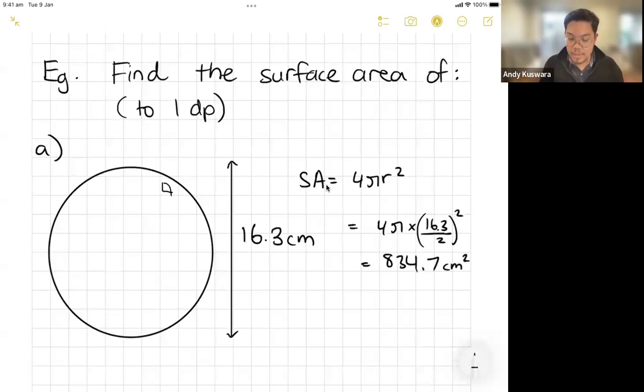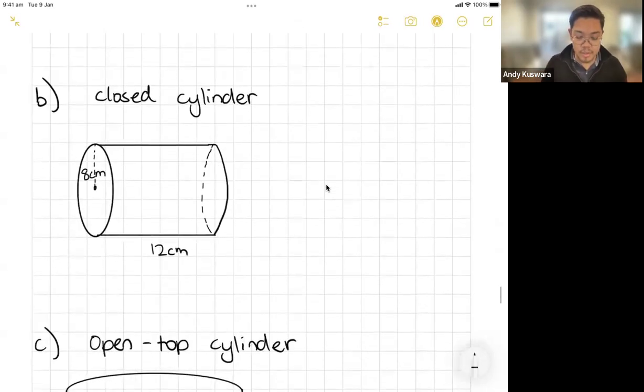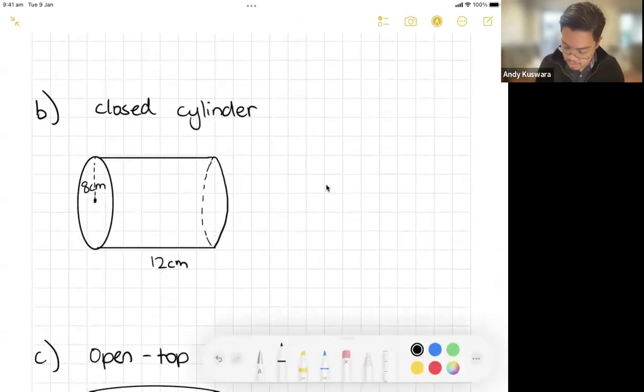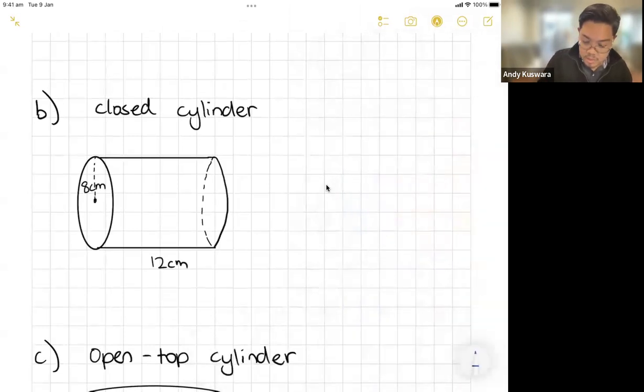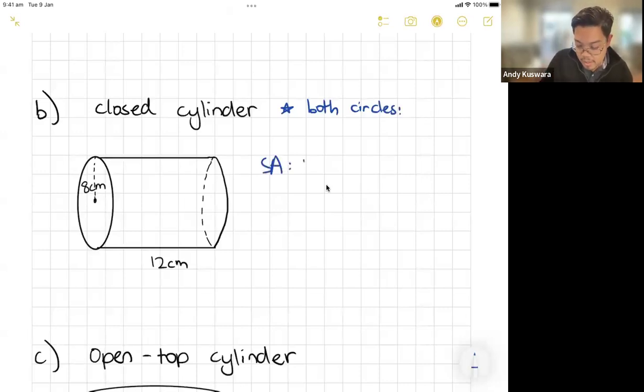Hopefully you're following along on your calculator and getting that answer. For the next one, we've got a closed cylinder. All that means is we have both circles on both sides, so our surface area is 2 pi r squared plus 2 pi r h.